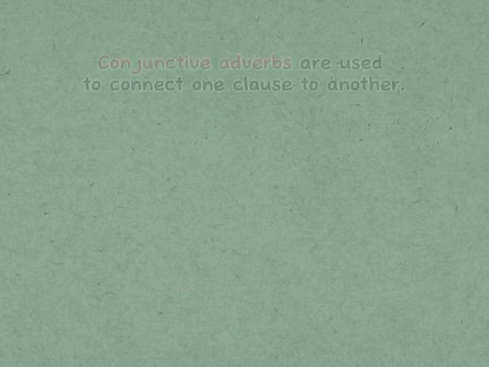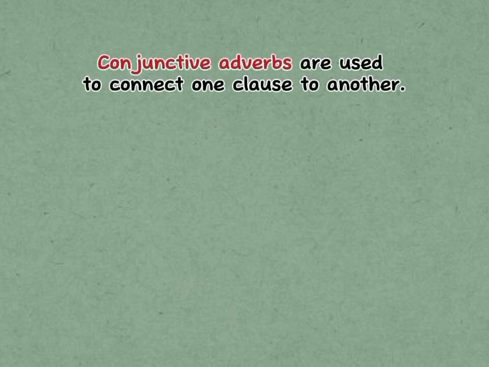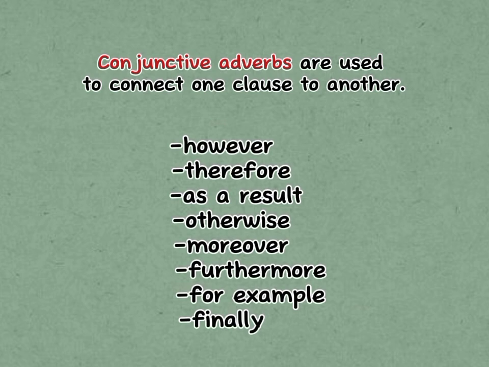The last one, we have conjunctive adverbs. Conjunctive adverbs are used to connect one clause to another, like however, therefore, as a result, otherwise, moreover, furthermore, for example, and finally. Notice this example.